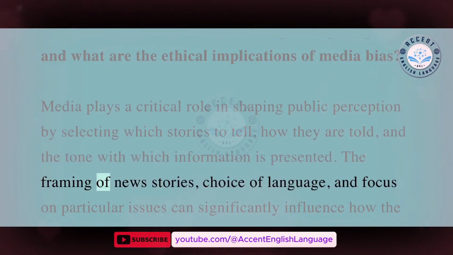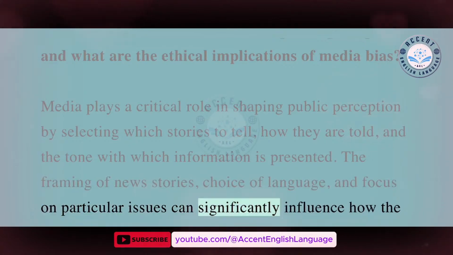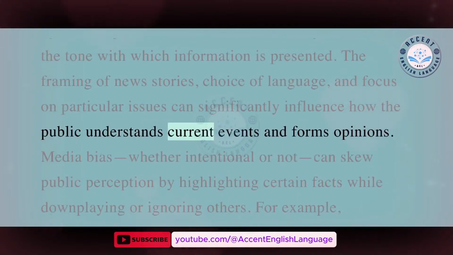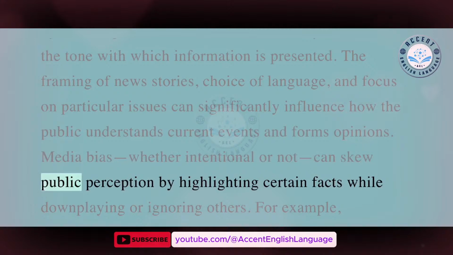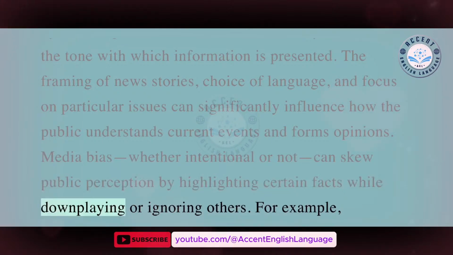The framing of news stories, choice of language, and focus on particular issues can significantly influence how the public understands current events and forms opinions. Media bias, whether intentional or not, can skew public perception by highlighting certain facts while downplaying or ignoring others.